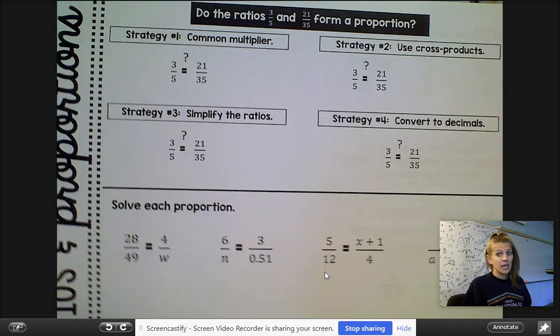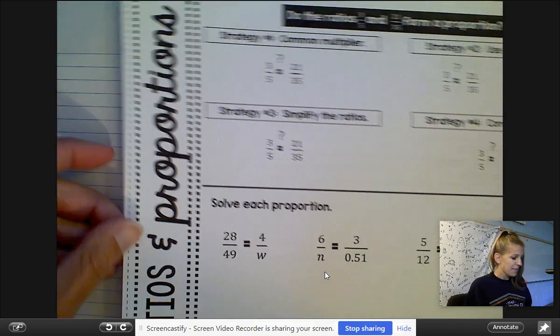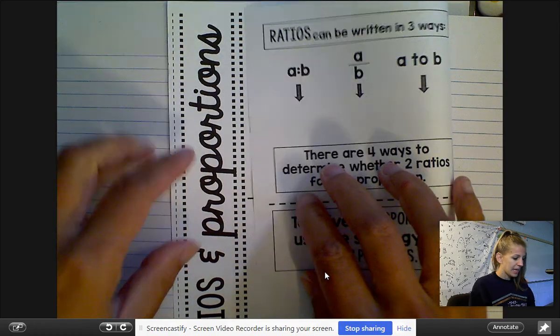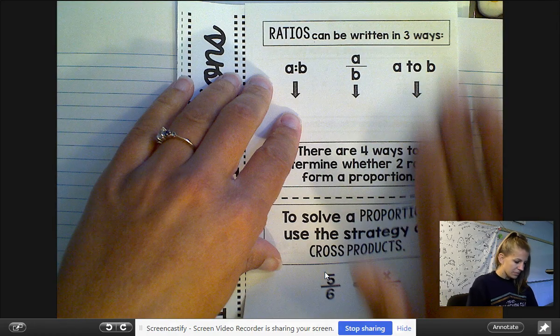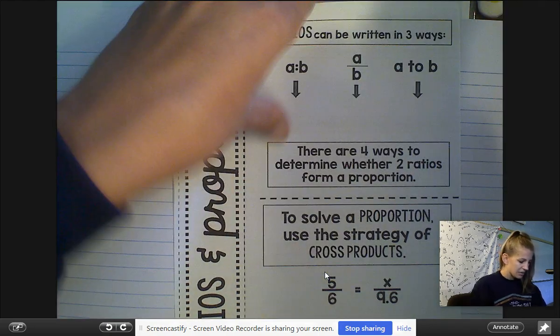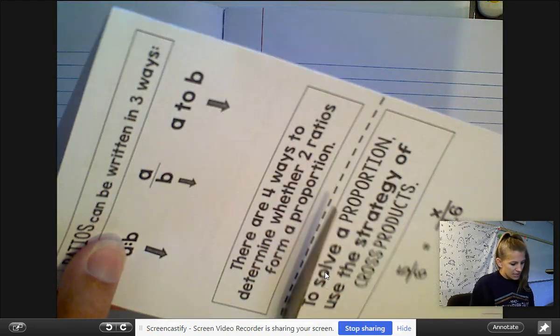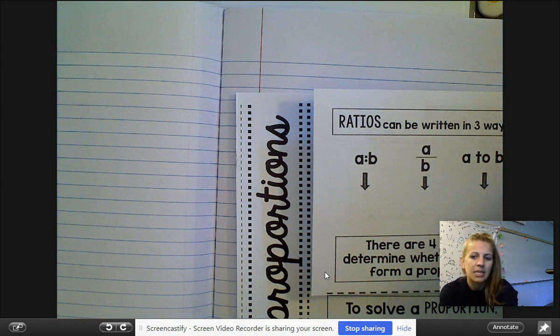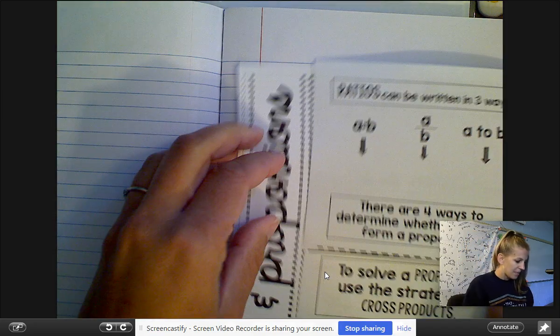It should be the next one that you have, okay? And again, this one is going to fold backwards, like a backwards book. And then we can do a cute little cut to get 2 doors. One where we're going to talk about ratios, and the other about proportions. Okay, so that can go on page 11.